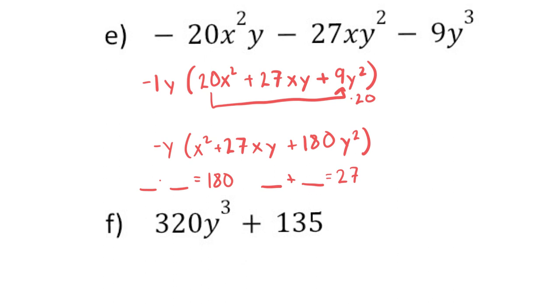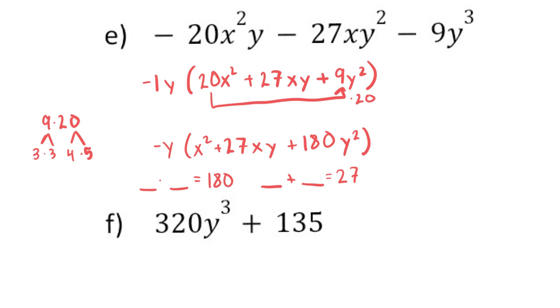So I knew that 180 was 9 times 20. If I break that 9 up in 3 times 3 and the 20 up into 4 times 5, that might help. In fact, if you mess around with that, try pause it, see if you can get it. So go ahead and pause now.